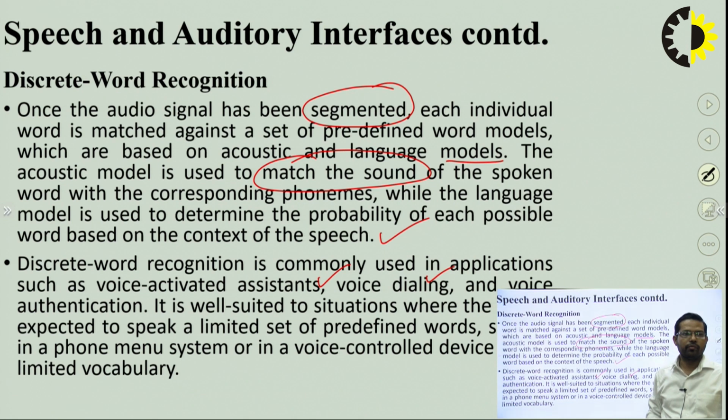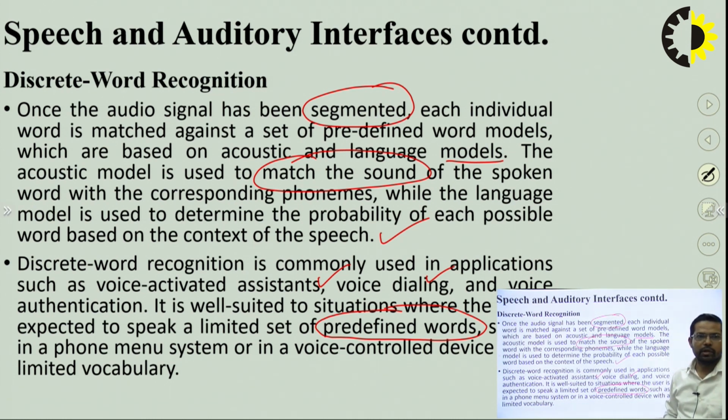It is well suited to situations where the user is expected to speak a limited set of predefined words, like a password, such as in phone menu systems or in voice control devices with a limited vocabulary.